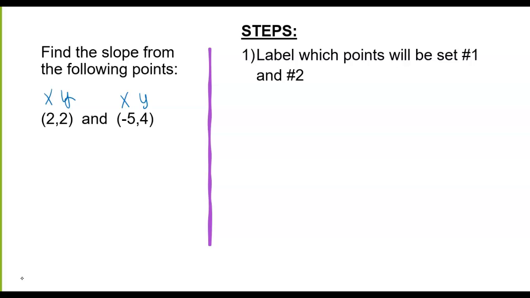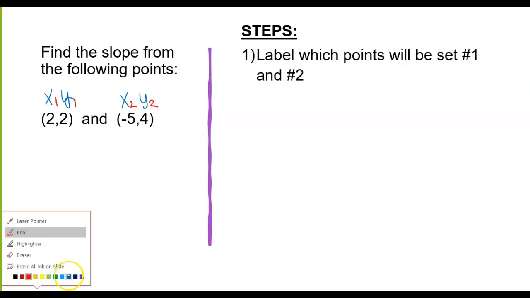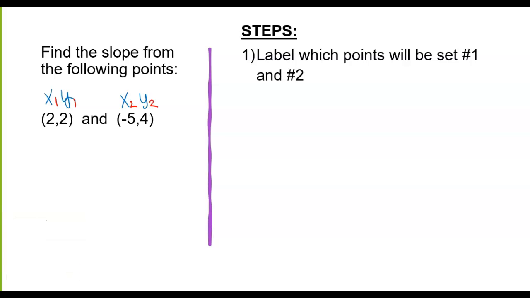Well, the easiest thing is just the first one. Let's make it x1, y1. The second ordered pair, we can call that x2, y2. So there we have completed step 1. We labeled which points are going to be x1, y1, and x2, y2. There's our first step.